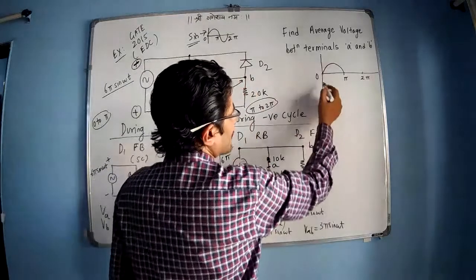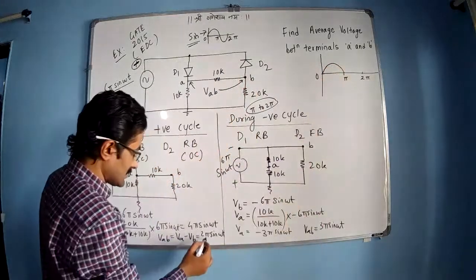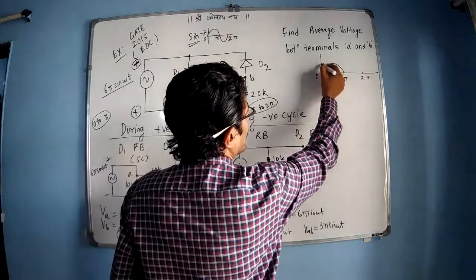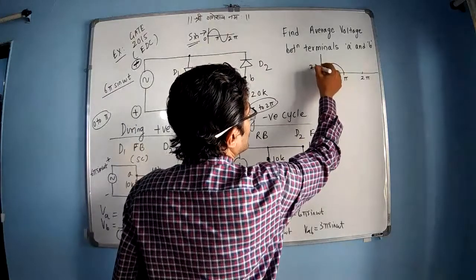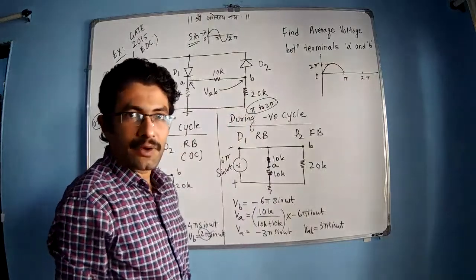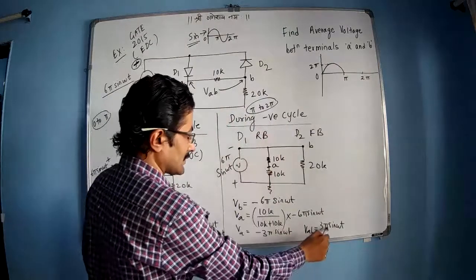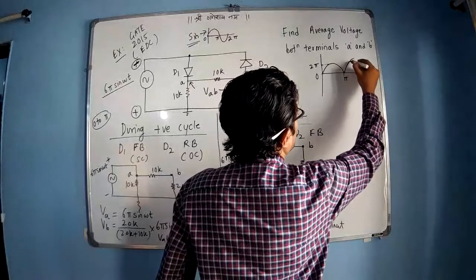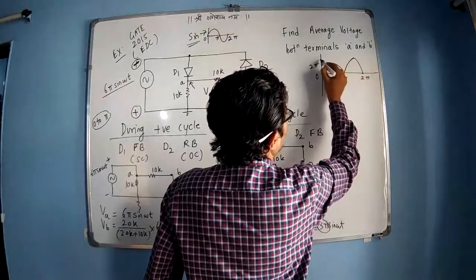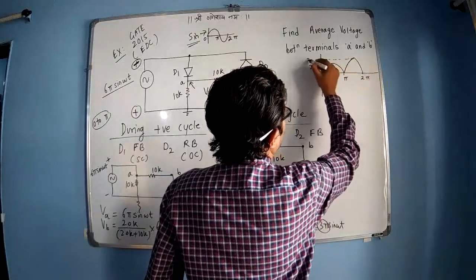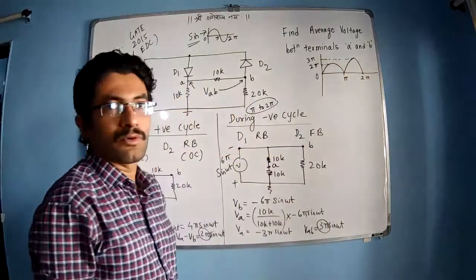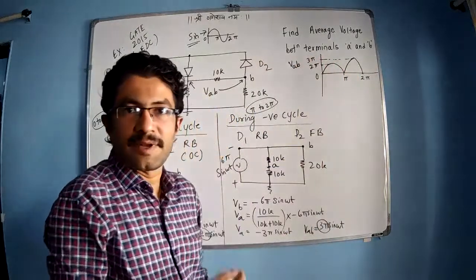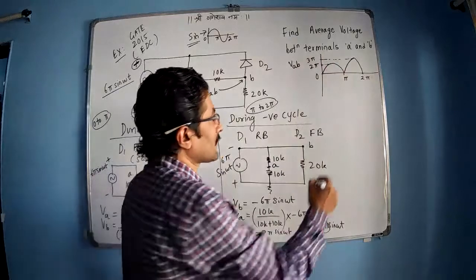During the positive half cycle, the maximum peak voltage is 2π, and during the negative half cycle, the maximum voltage is 3π. So your output wave will look like this. This is your VAB. We can split this VAB into two waves.